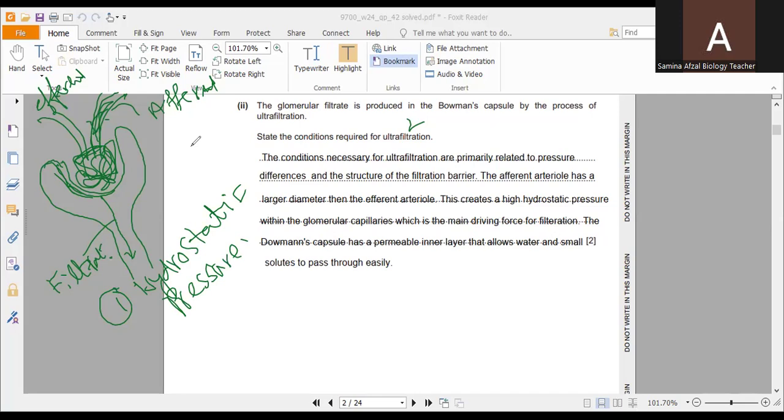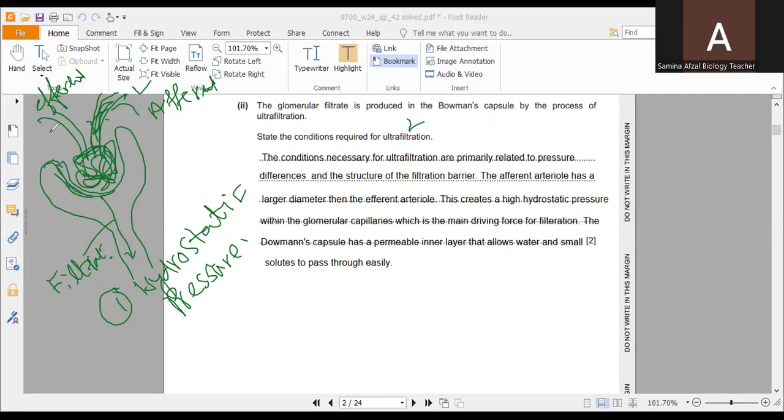Hydrostatic pressure is created when there is a difference in the diameter of the afferent arteriole, by which the blood enters the glomerulus, and the efferent arteriole, when blood leaves it. There is a big difference between the pressures of these two blood vessels, and the pressure created here is the main driving force for filtration.